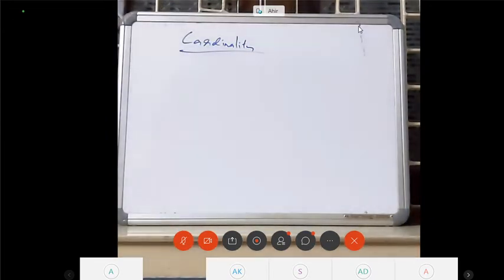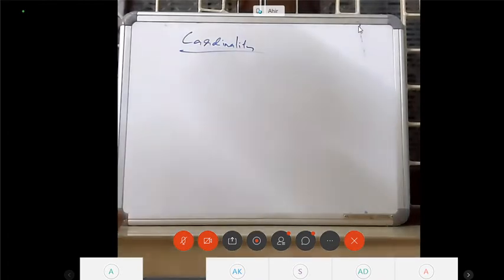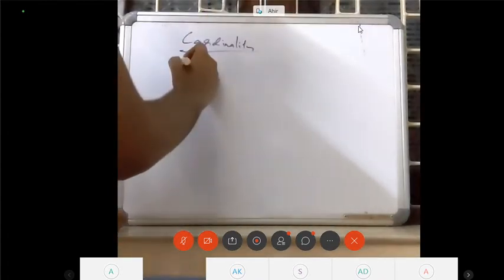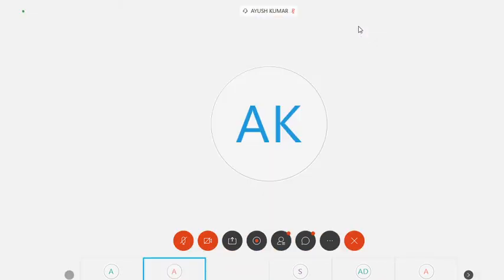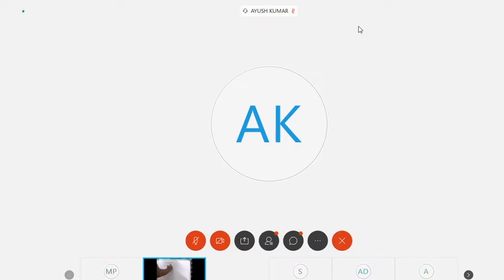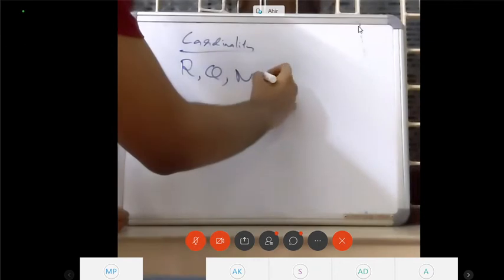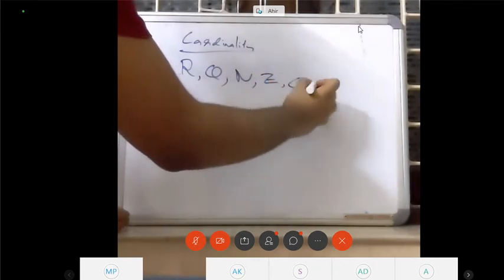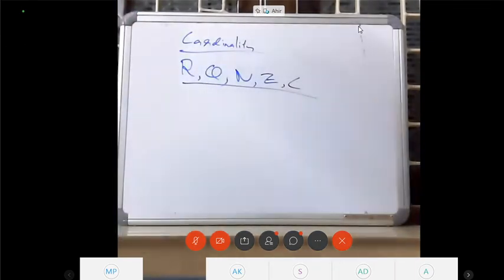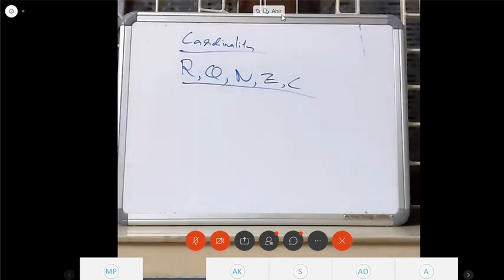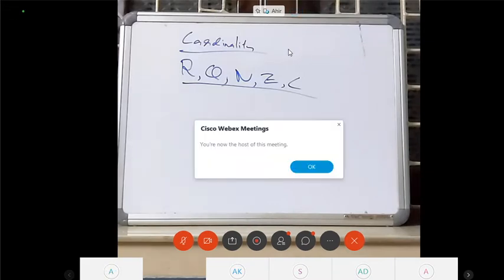Now in math we mostly deal with these sets. So we have R, we have Q, we have N, we have Z, we have C. So mostly in class 11 up to 12, we'll be dealing with these 5 sets, R, Q, N, Z, C. So what is R?